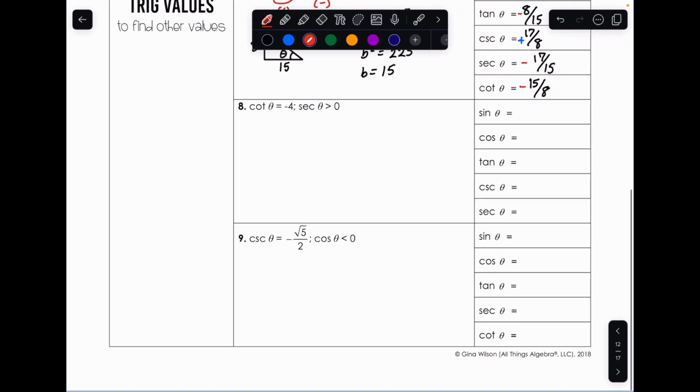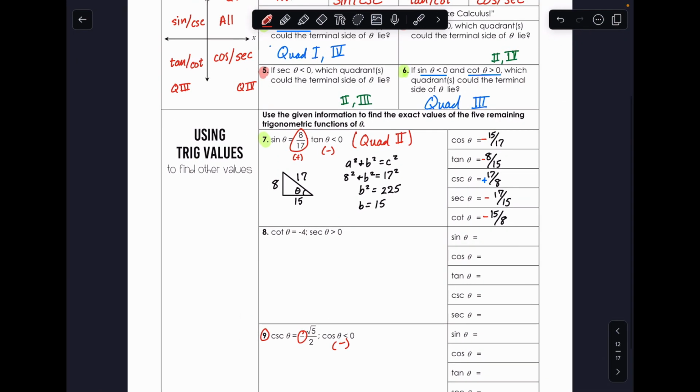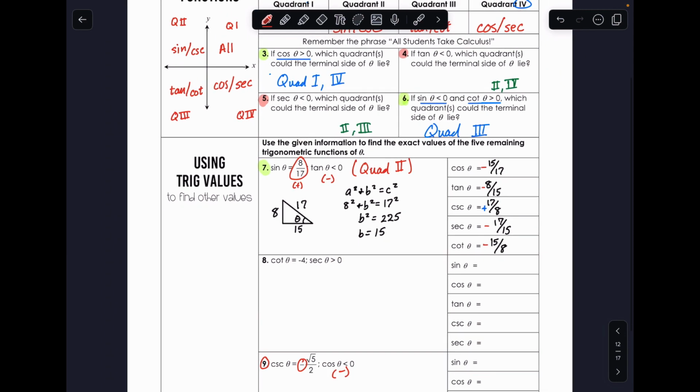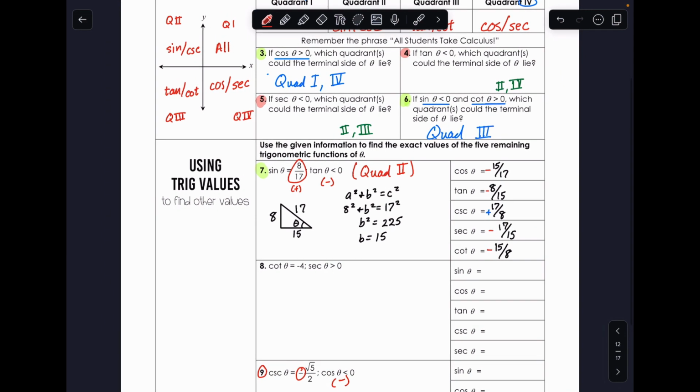All right, last one. I would want you guys to work on number 9. I'll give you guys a couple clues. It's saying cosecant is negative, and also cosine is going to be negative because it's less than 0. When is cosecant negative, and when is cosine negative?